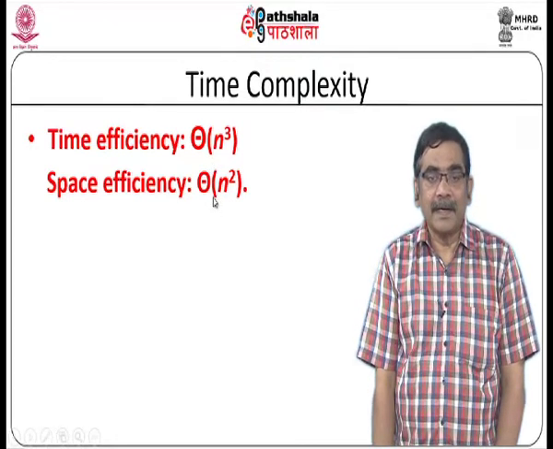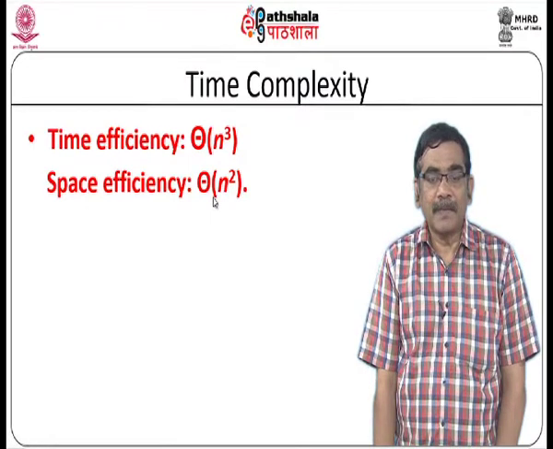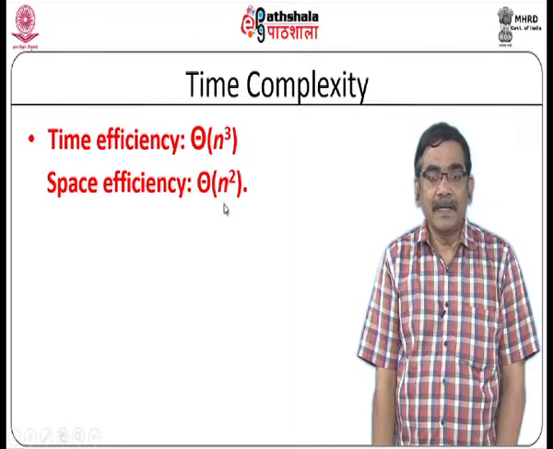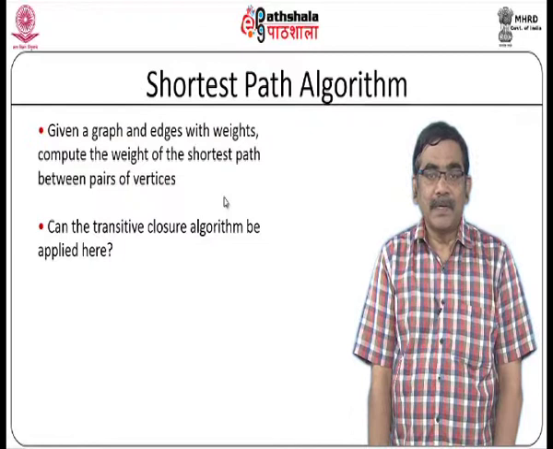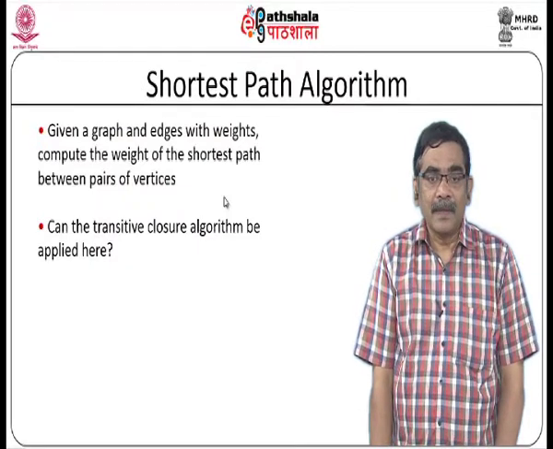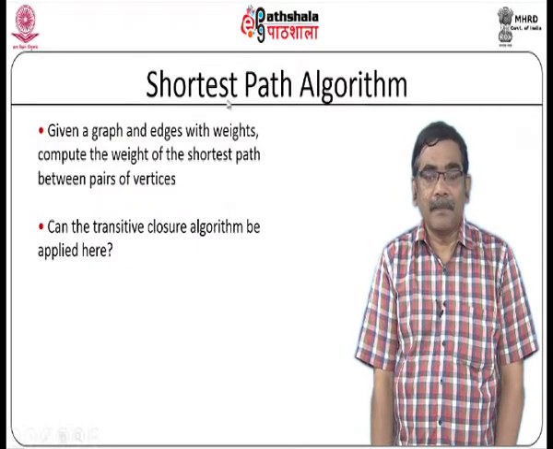As I said earlier, in most dynamic programming problems, it reduces to the number of elements present in the table. Therefore, it is going to be theta of n square. So, this is what we call the Warshall algorithm.